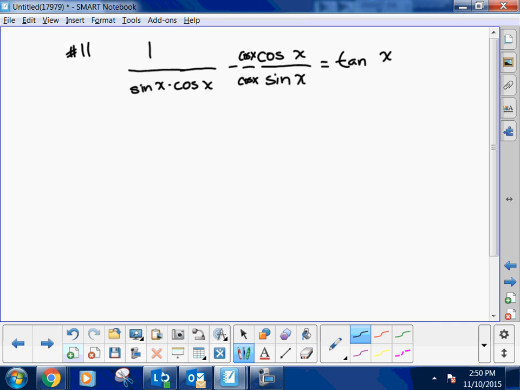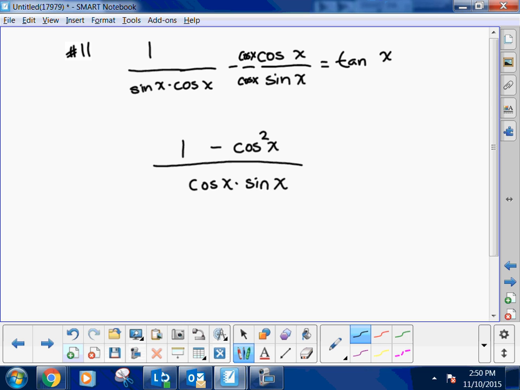That's going to allow me to get a common denominator. The lovely part is that now I can write everything down over one common denominator. So I'll have cosine x times sine x, and as the numerator, I'll have 1 minus cosine square x. Because remember, you see how on the numerator I have two cosines multiplying each other?